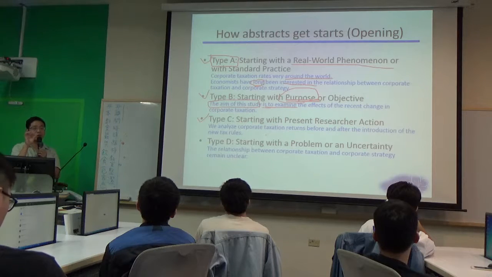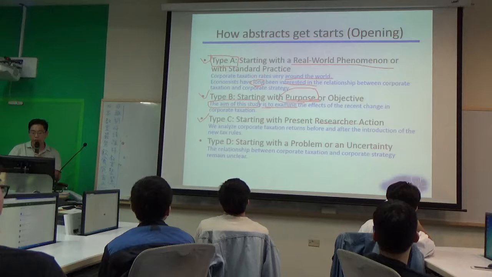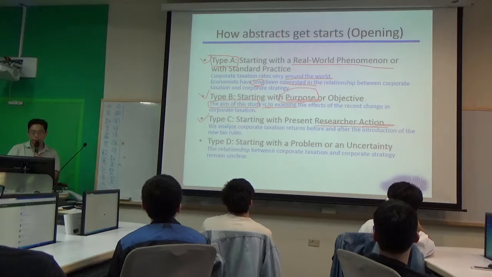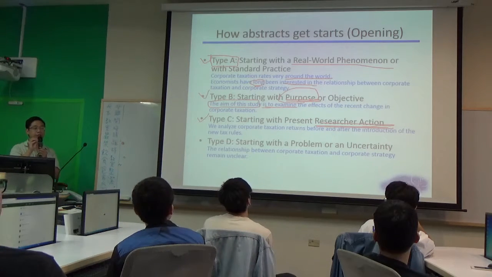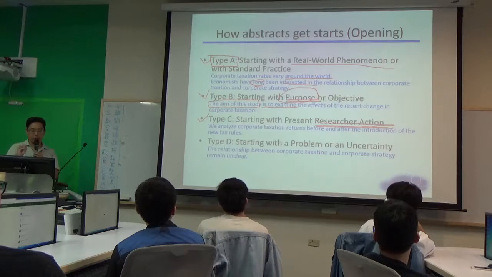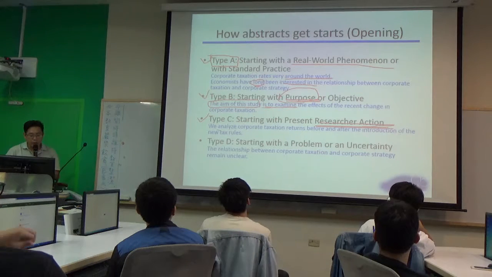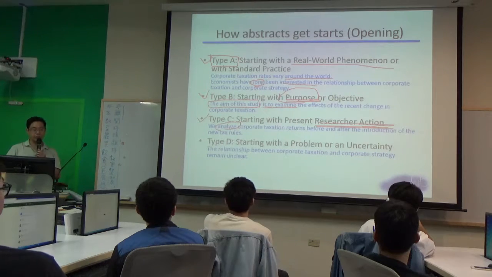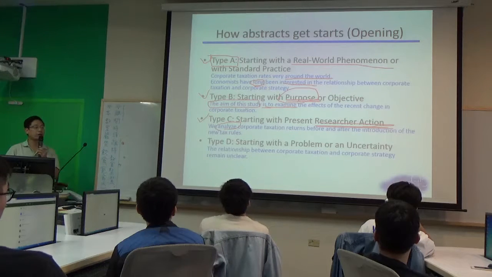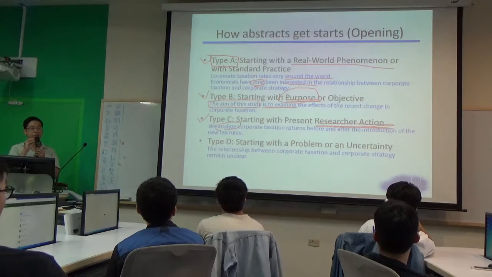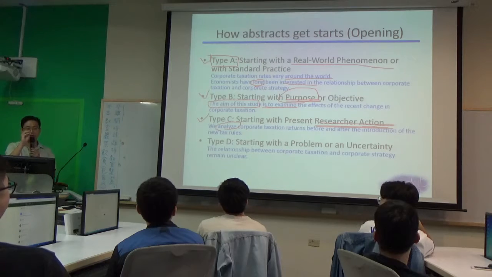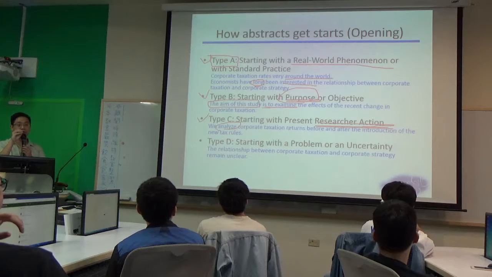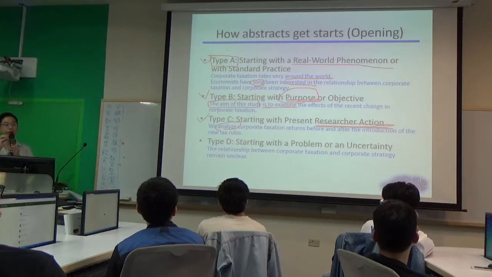It's the sense of move 3. They did some researcher action. They did some research. They analyzed these things. Okay, so it's very close to starting with move 3. So type C: the action you did.